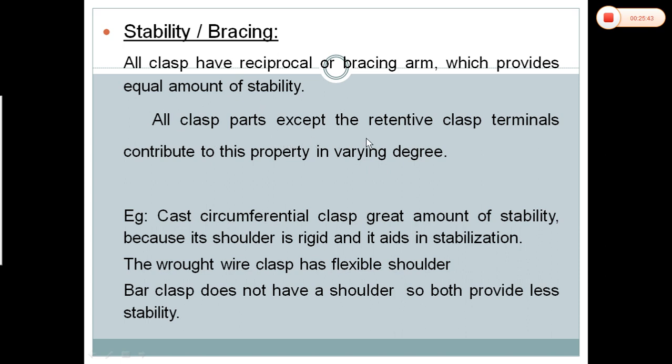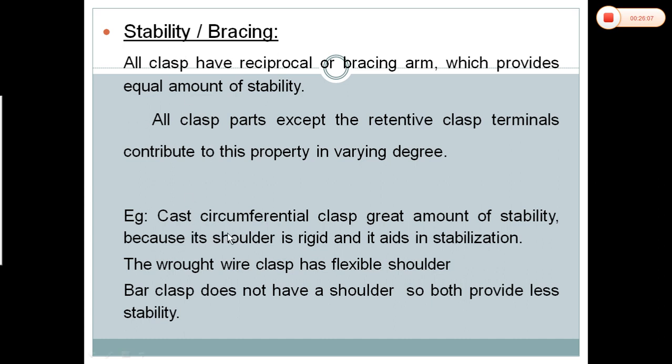All parts except the retentive clasp terminal contribute this property in varying degrees. So you must remember that except the retentive clasp tip, which is flexible, all other parts of the clasp assembly are rigid. These rigid components provide stability for the prosthesis.